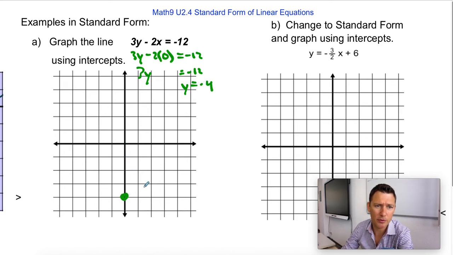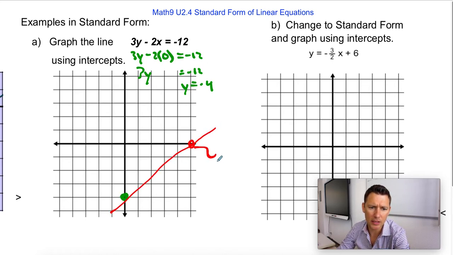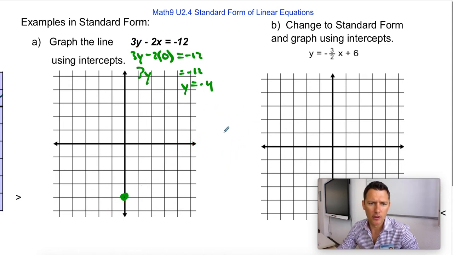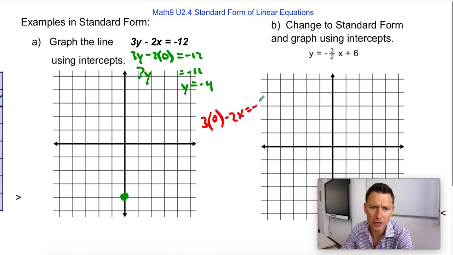That's the y-intercept. We're going to play the same game with the x-intercept. Wherever this hits the x, I know it goes through here. Wherever it goes through the x-intercept, this point is going to be some distance out for x, but 0 for y. I don't know what this is, but I can plug in 0 into this y value. So we're going to do this whole thing again. 3 times 0 minus 2x equals negative 12.